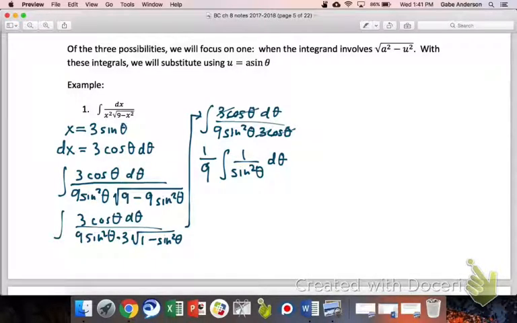Let's manipulate this a little bit. What's 1 over sine squared? Cosecant squared, yes. Okay, so 1/9 integral cosecant squared theta d theta. Integral of cosecant squared theta. Who knew? Could we do that?